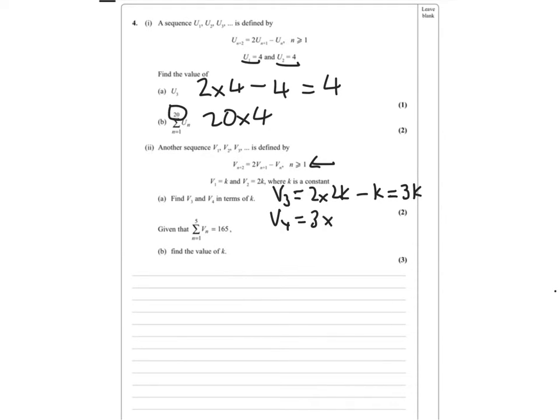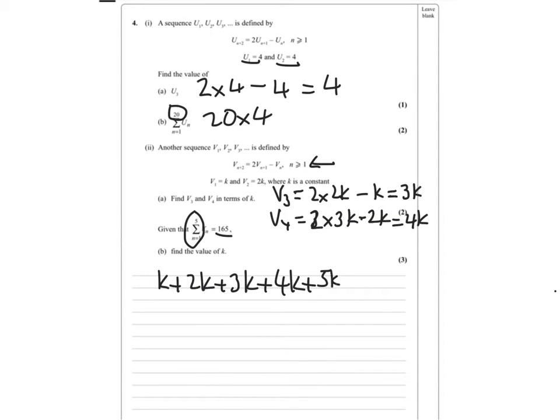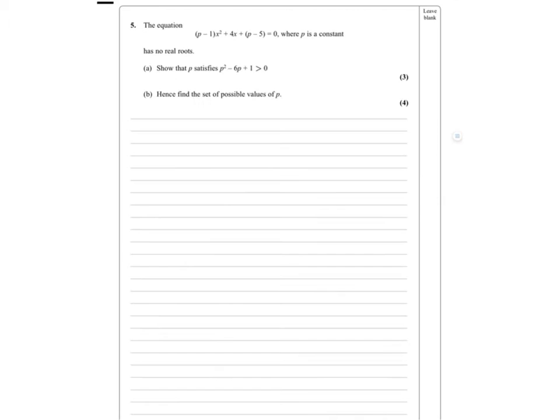So 2 lots of 3k minus 2k gives me 4k, so first term was k, second term was 2k, third term was 3k, fourth term was 4k. I need to sum the first 5 terms, and I'm told that the answer is 165. So therefore it's just k plus 2k plus 3k plus 4k plus 5k equals 165. That's a nice simple equation that you can now solve.